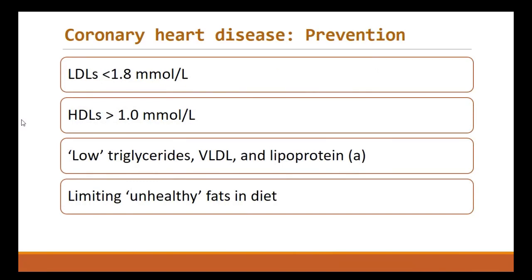How do you prevent coronary heart disease? Your target is to keep the LDLs below 1.8 millimoles per liter and to keep the HDLs above 1 millimoles per liter. Low triglycerides, low VLDL, low lipoprotein A. Plus, you limit unhealthy fats in the diet. What are unhealthy fats?